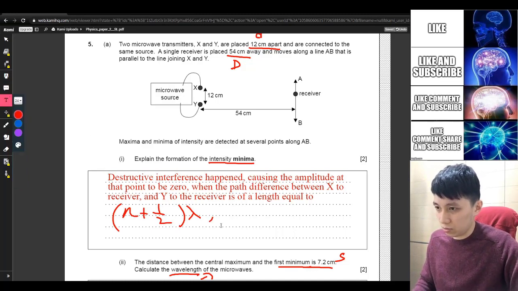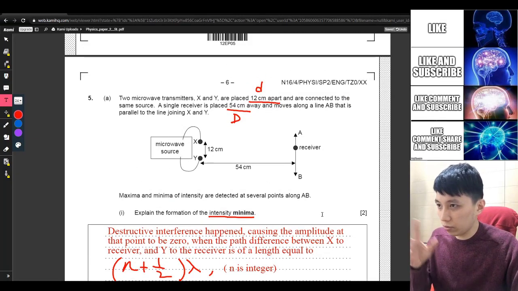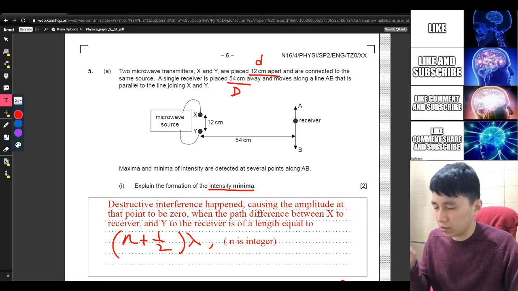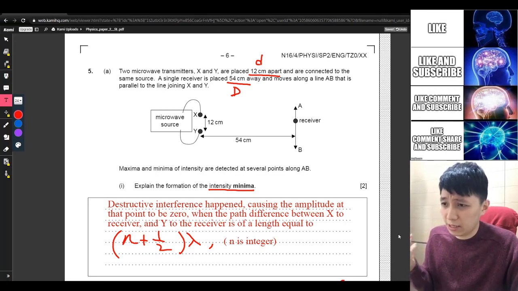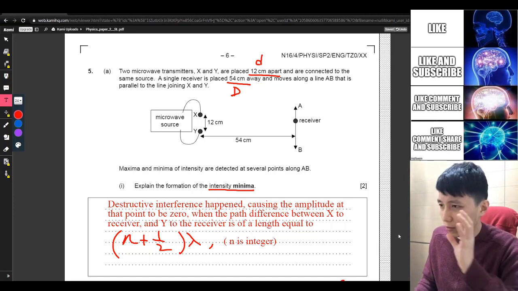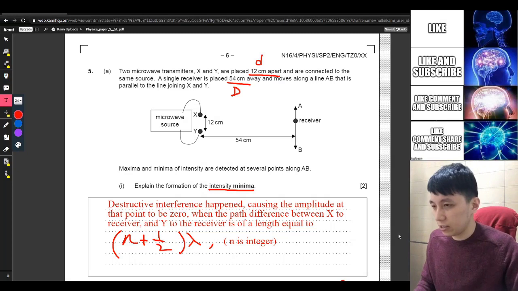And then just to be safe to say n is an integer. So we don't know, but you just talk about it generally. When there is a minima, that means like a local minimum, that means the amplitude equals 0, the destructive interference happens, and talk about the criteria why it will happen.